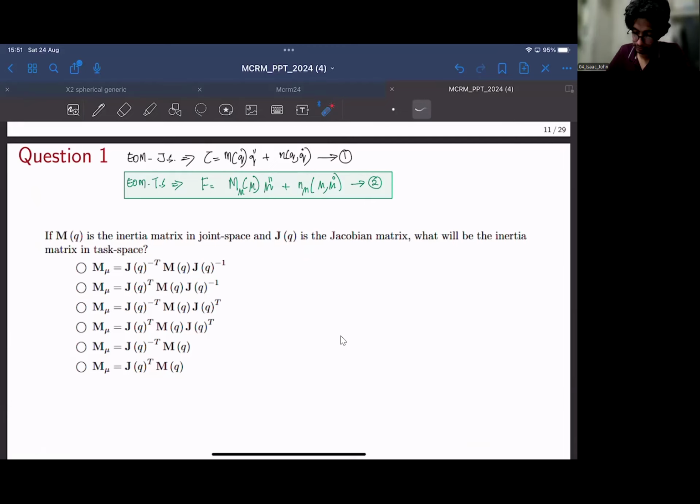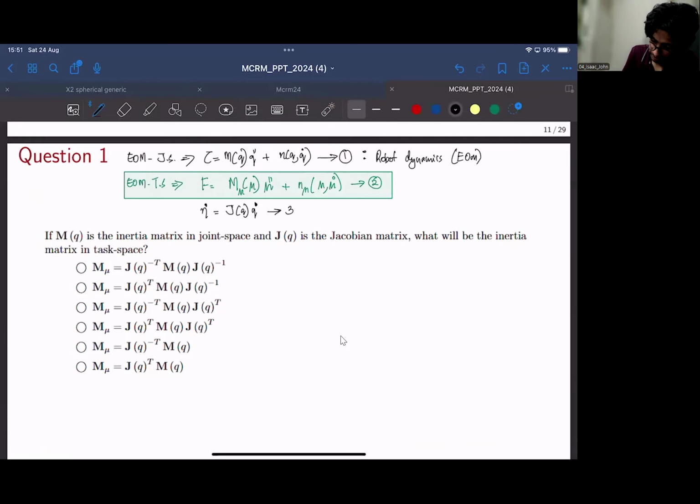So I'll move on with the derivation. The first expression is actually from robot dynamics, or you can call this the equations of motion. And from kinematics, which we have seen in the preceding weeks, we can also write eta dot is nothing but J of Q multiplied by Q dot.